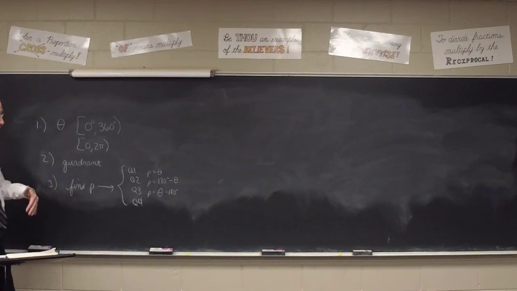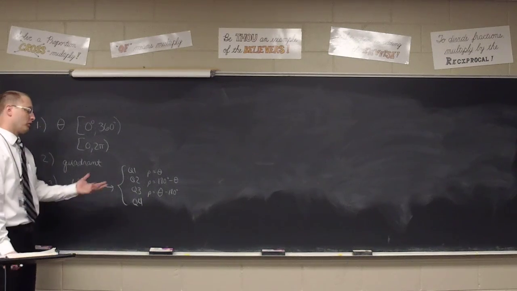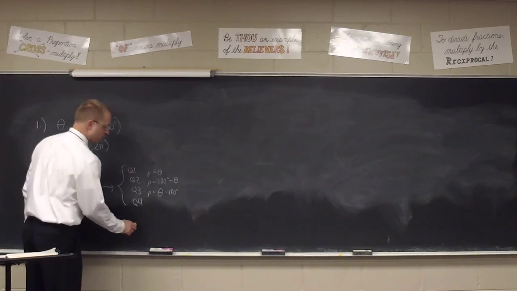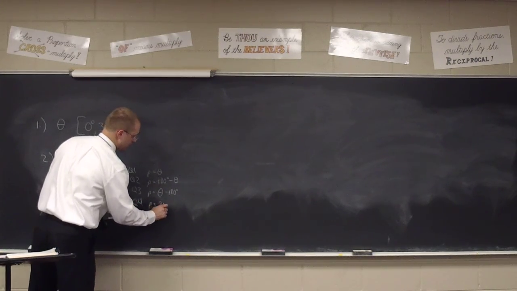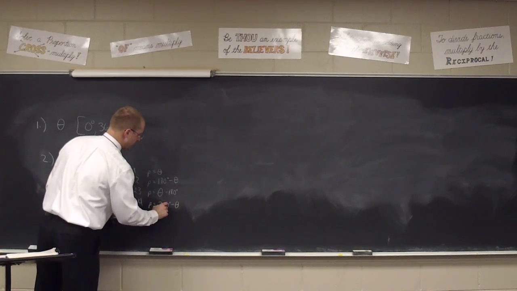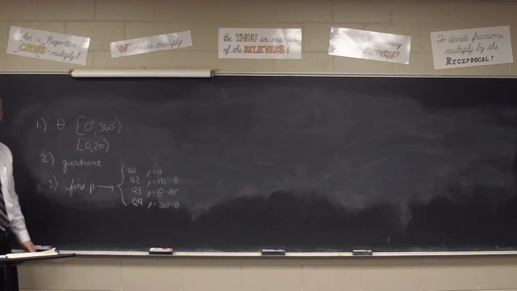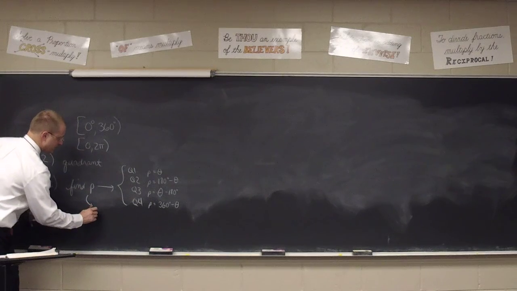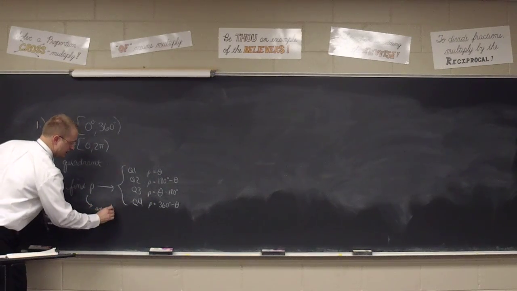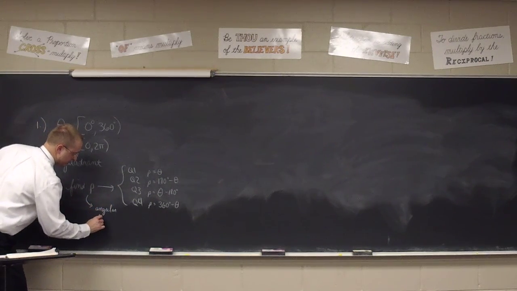So take the straight angle off of the reflex angle, and the leftover there is rho. And then of course in quadrant 4, because together they complete the 360, take 360 minus the theta to get the rho. Another way to put this would be rho, remember, is the angular distance from the x-axis.